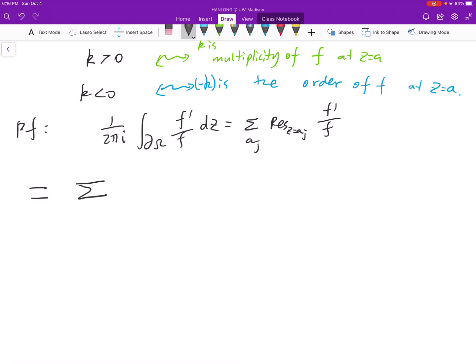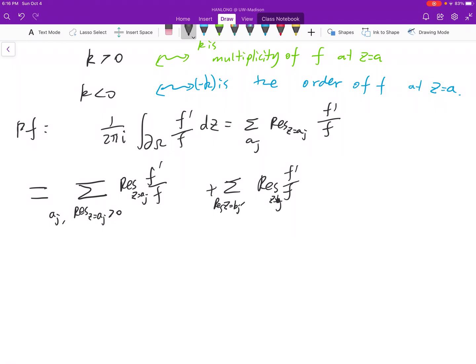First is the residue positive, f prime over f, and then plus where the residue is negative, at z equals b_j.